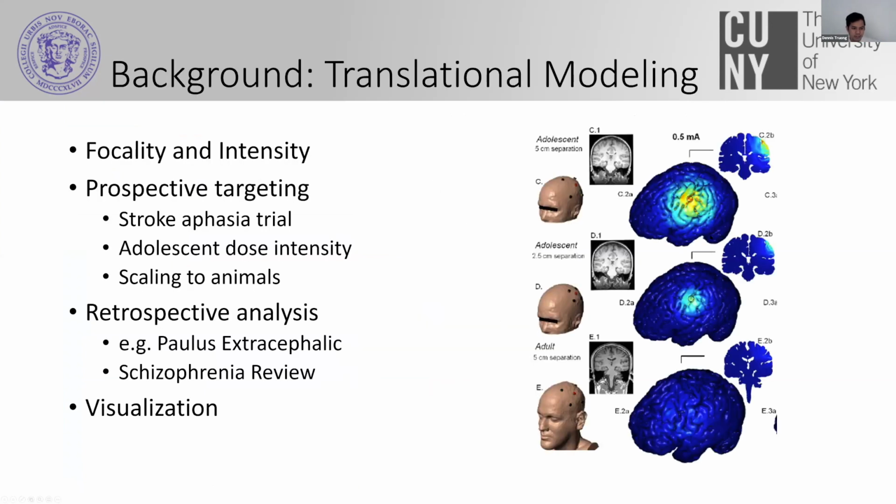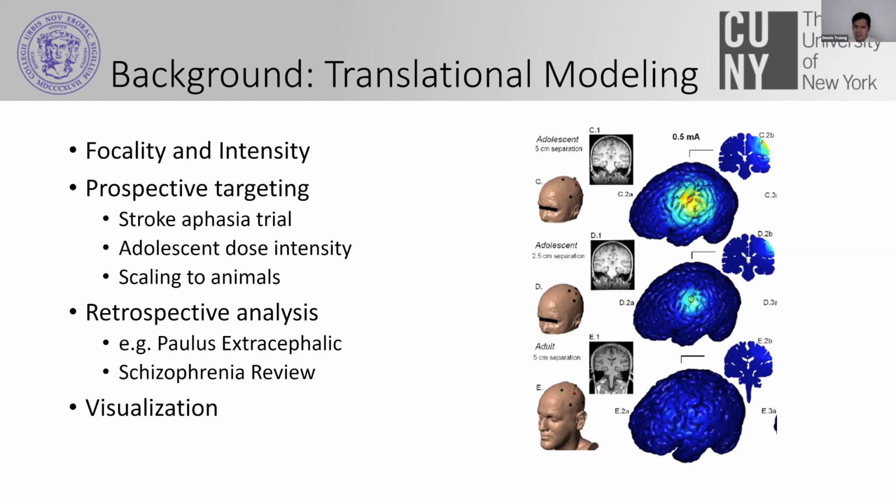So I'll preface this by just talking a little bit about applications. Our group has an extensive history of doing clinically applied models. Typically, we're looking to answer questions of locality and intensity for whatever situation the user, the clinician, is applying to. So we can do this prospectively, we can do this retroactively. One example is some of the work we did early on with pediatrics.